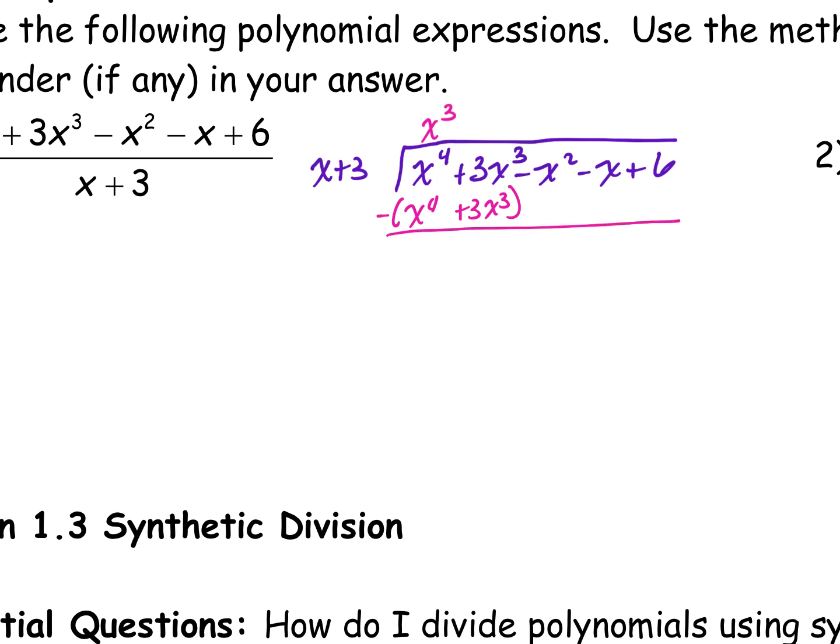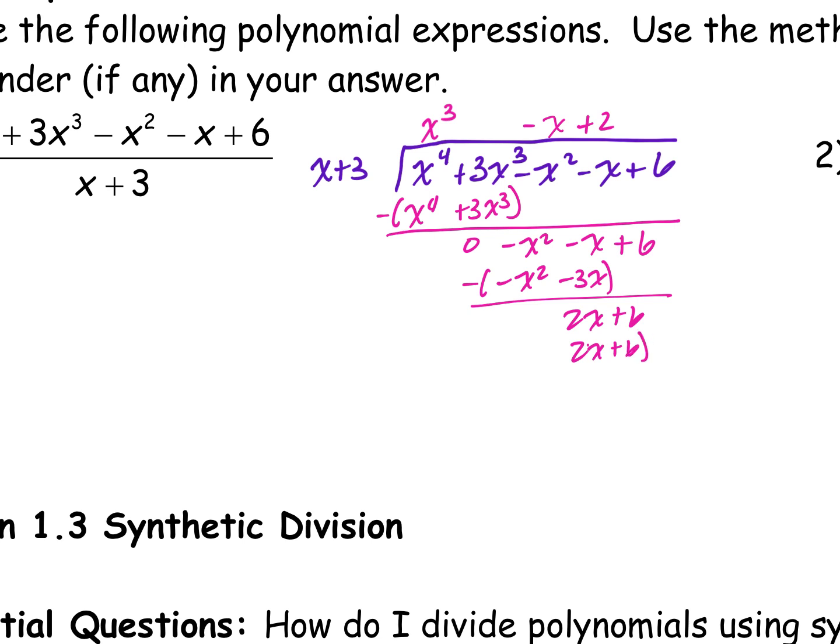Subtract gives me 0. X squared minus x plus 6. So minus x gives me x squared. 3x, subtract it, gives you 2x plus 6 plus 2 is 2x plus 6. Subtract is 0. X cubed minus x plus 2.